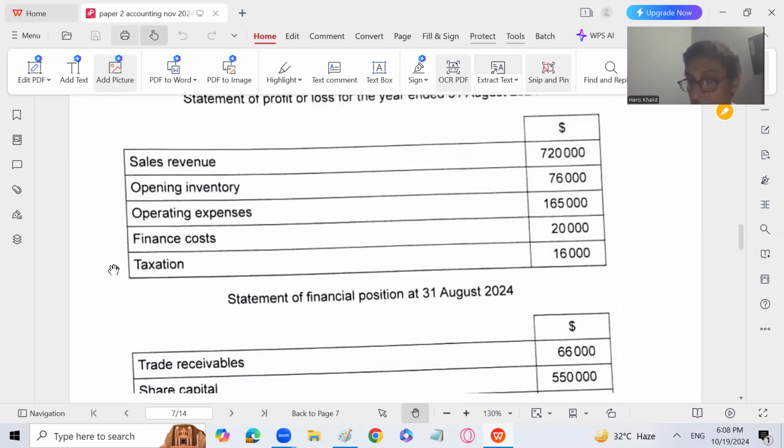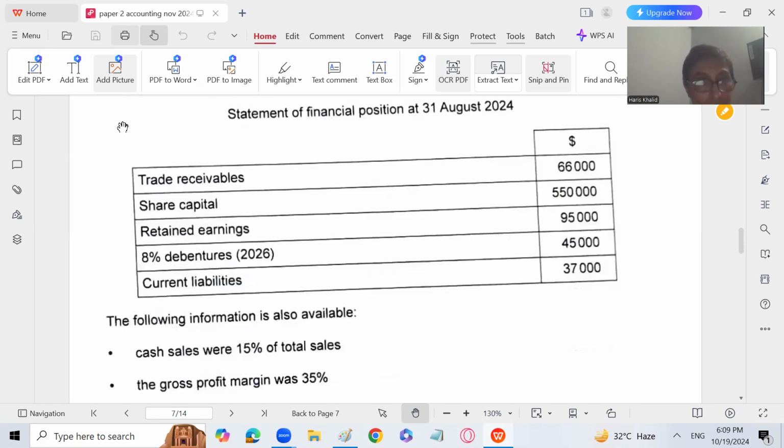Out of that, the examiner is telling us that 15% of the sales is cash sales. So if you subtract 15% from total sales, you will get credit sales, or you can take 85% of 7,20,000 to get the credit sales.